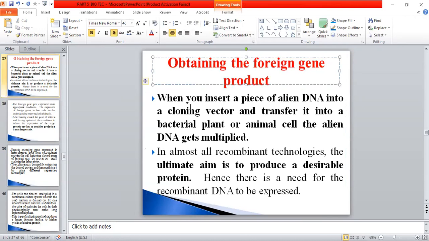Take an example. When you insert a piece of alien DNA, meaning from another species, into a cloning vector and transfer it into a bacterial, plant or animal cell, that alien DNA gets multiplied.